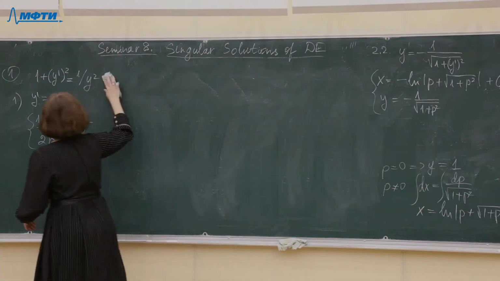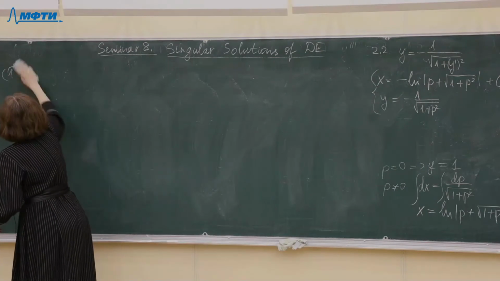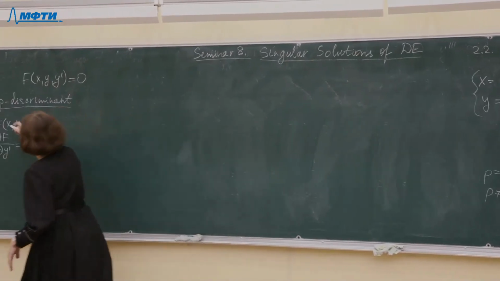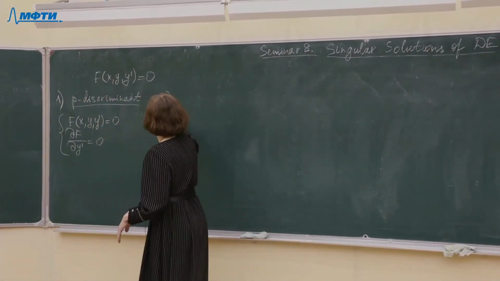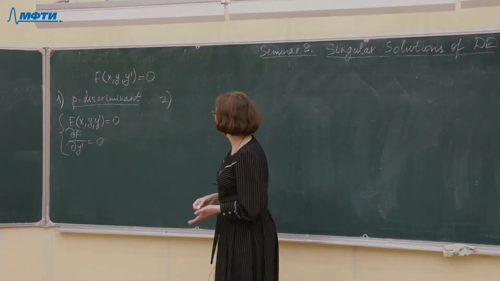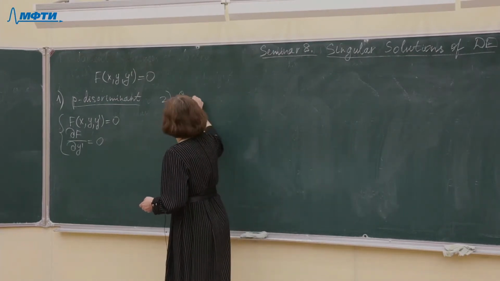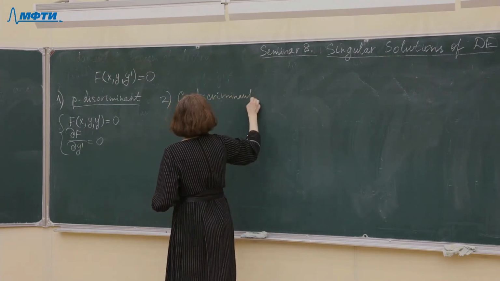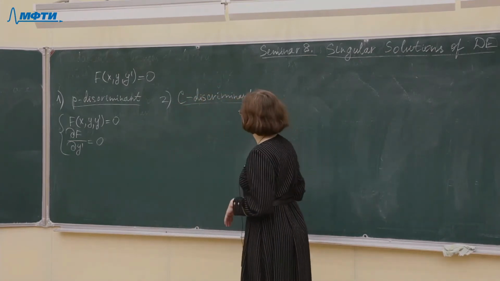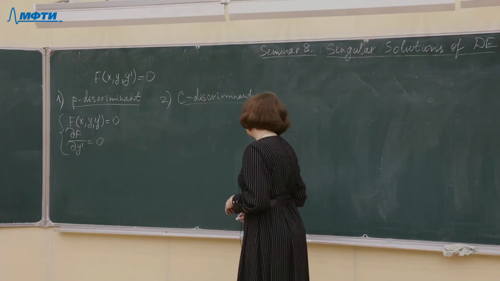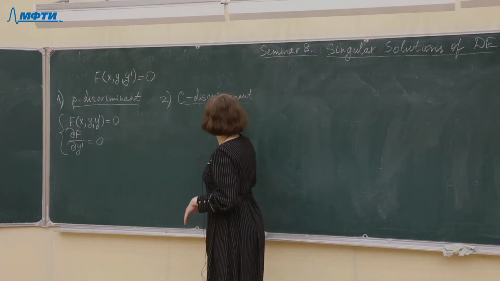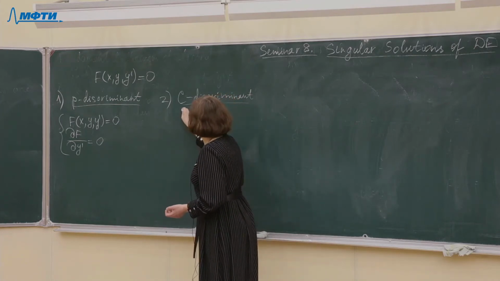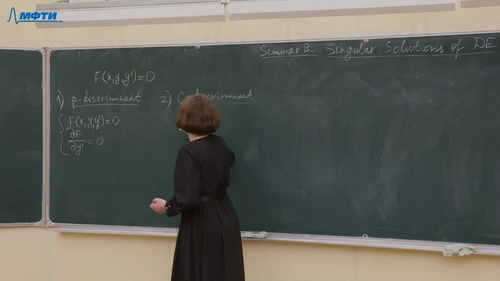Right. And next, okay, there is another way. So this is way number one. There is another way to find the singular solution, and it is called the method of C-discriminant. So what does it mean? Suppose we have a one-parameter family of solutions.